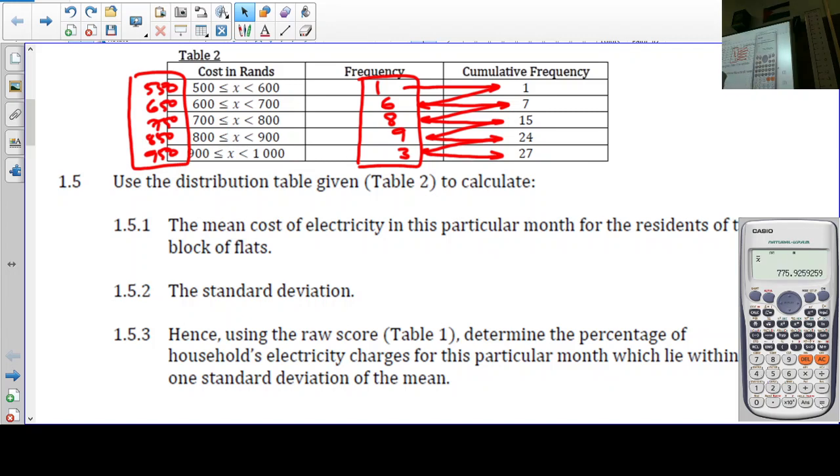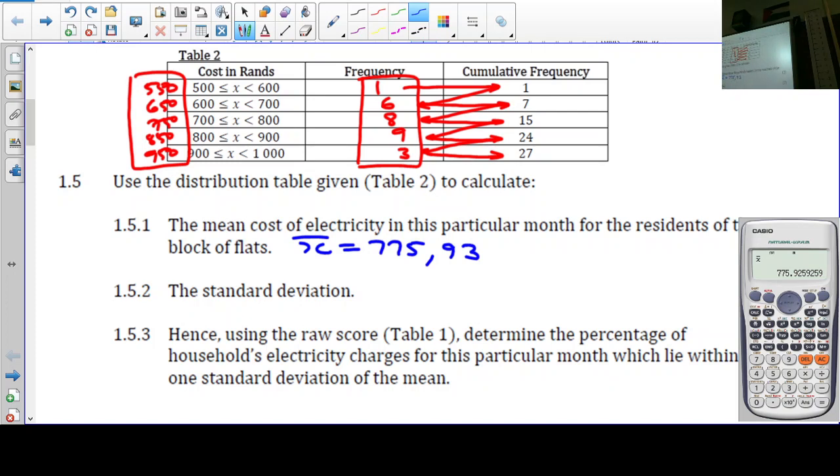So the mean comes in at a value of 775.93. Okay, so that is your mean for that data there. Now standard deviation: we press shift 1 for stat, 4 for variance, 3 for standard deviation.